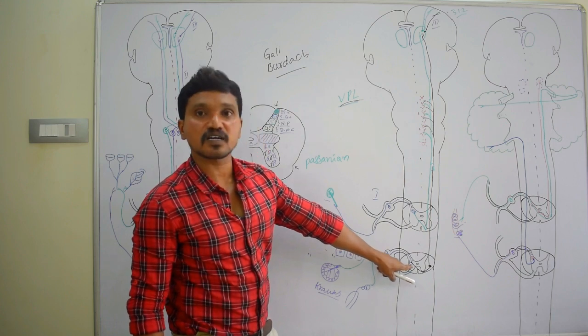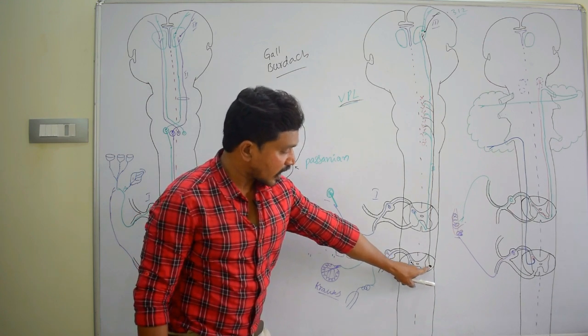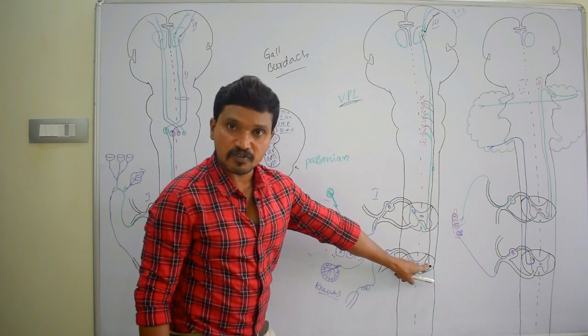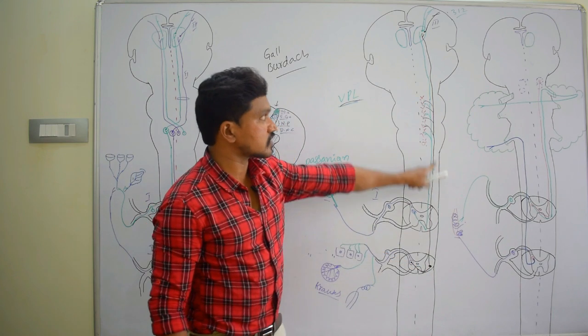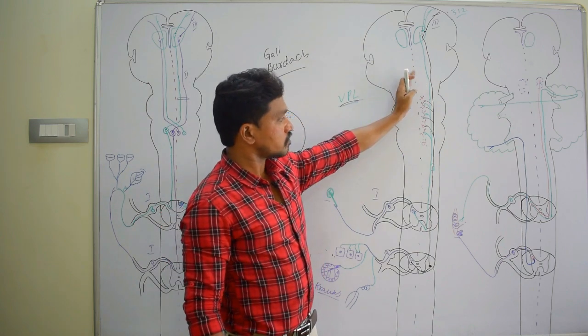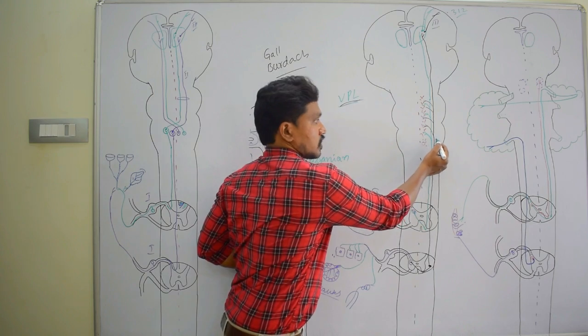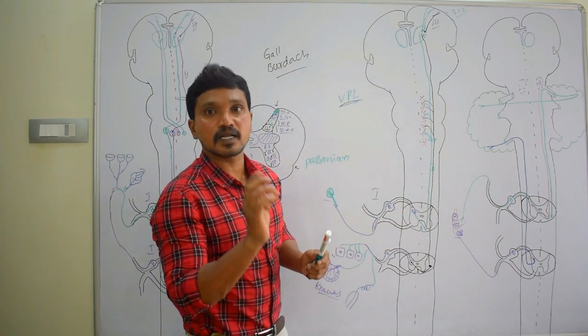From here, second order neurons will start. Those second order neurons cross the midline and reach the lateral white funiculus of the opposite side. Then they ascend upward. When they are passing through the brainstem, the anterior spinothalamic tract and lateral spinothalamic tract together are what we call the spinal lemniscus.